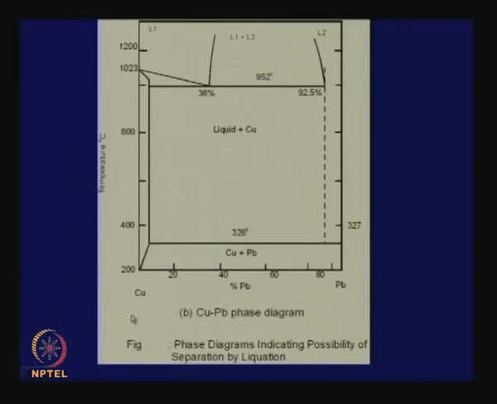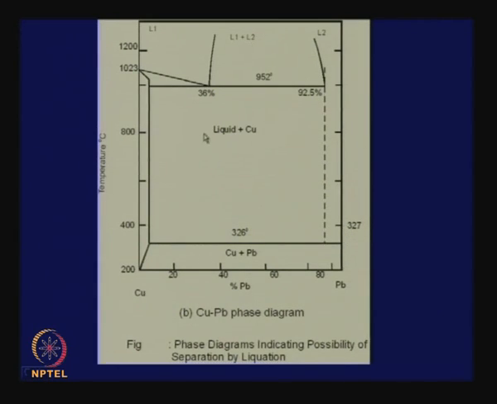Here is a phase diagram between copper and lead. Again, the melting point of lead is very low, whereas the melting point of copper is very high, 1083. So, there is a large region where we will have copper plus a liquid layer.